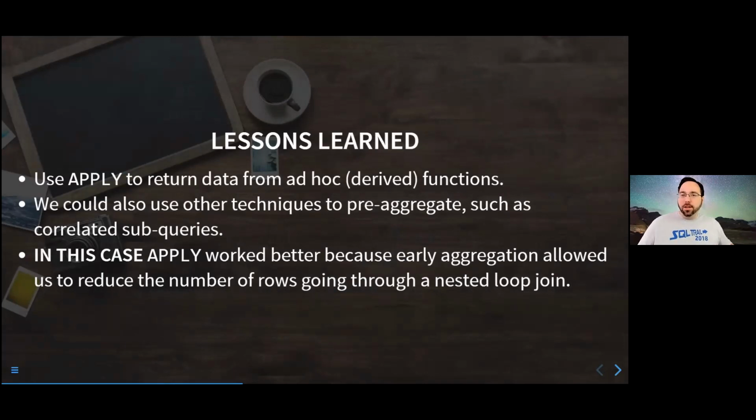Here are lessons learned. Number one, we can use apply to return data from these sorts of functions. And I've called them ad hoc functions. I've called them derived functions. I've heard people call them both of those. I'll probably call them both just to keep things interesting.